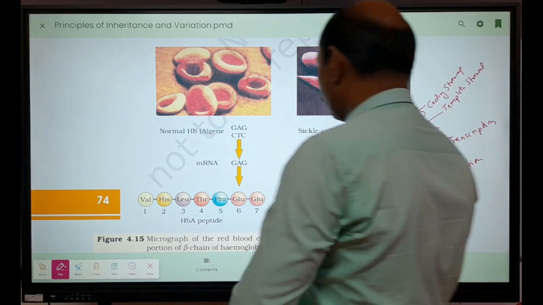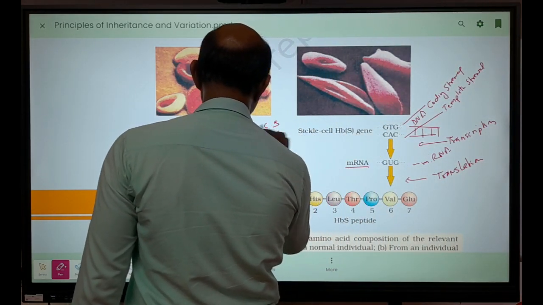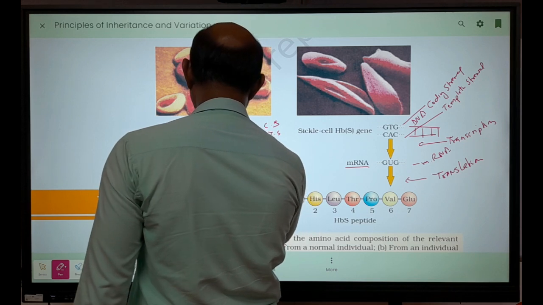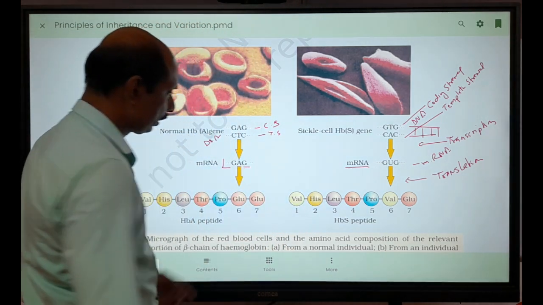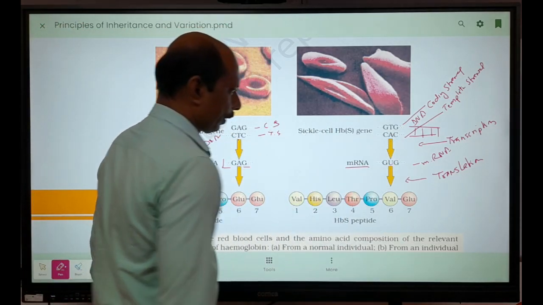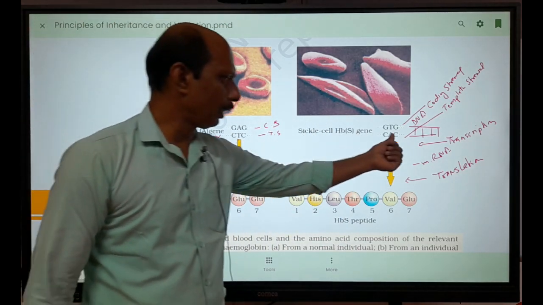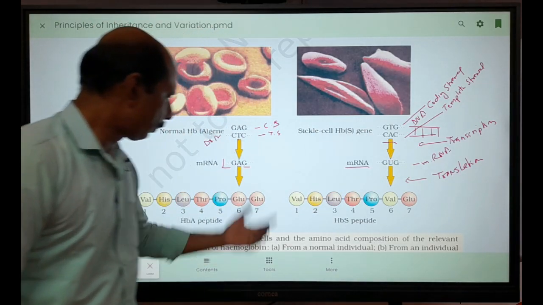The same thing is also there. This is the coding strand and this is the template strand of DNA. Both are DNA. And through transcription, messenger RNA GAG is formed. What is the difference here? You can see here T is replaced by A. Right? This one.